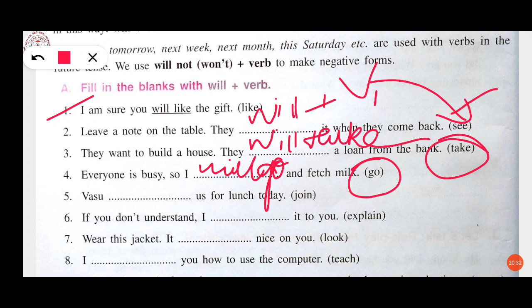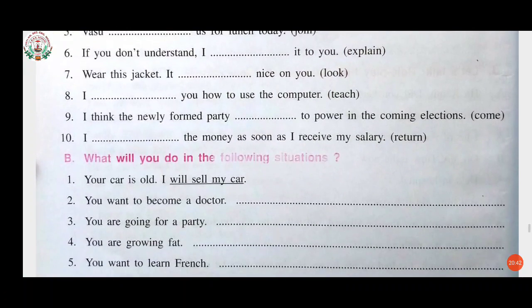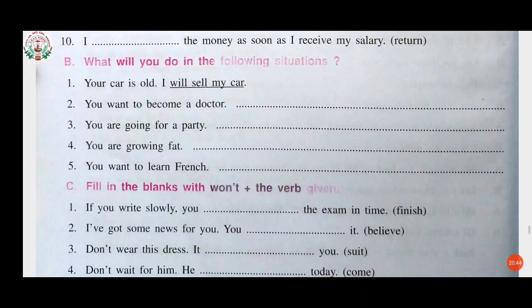Like Vasu will join us for lunch today. You can write like this, you have to write. Now see the B1, that is, what will you do in the following situations. First is your car is sold, I will sell my car.